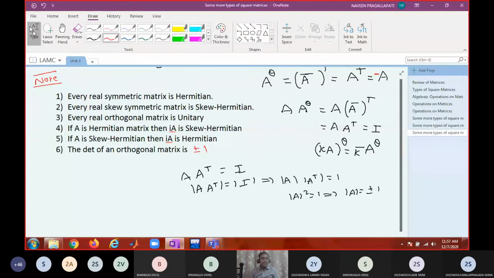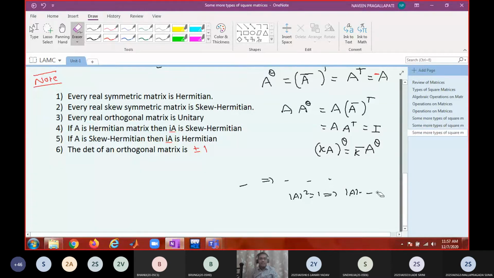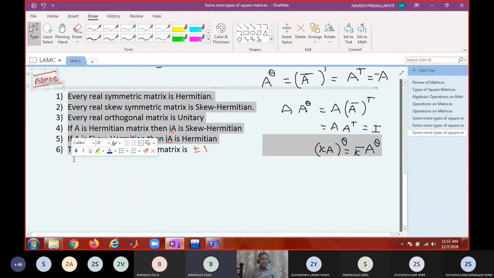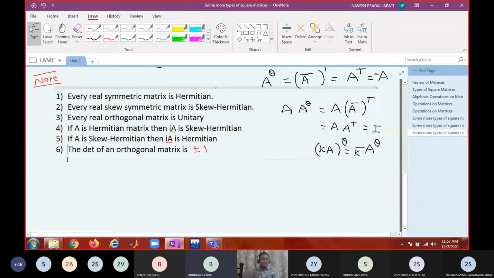Okay. What could be the next result? The determinant of a unitary matrix. What could be the determinant of a unitary matrix? Unitary matrix means what?